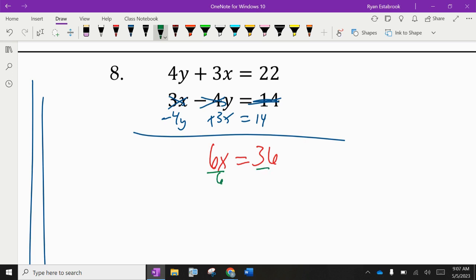Divide both sides by 6. 36 divided by 6 is 6, so there's that.